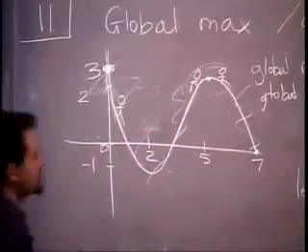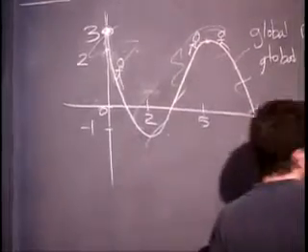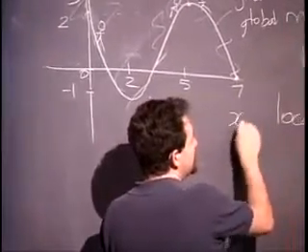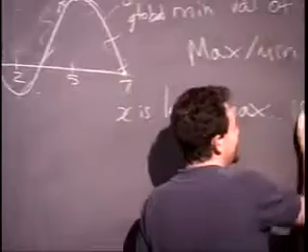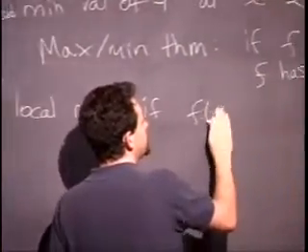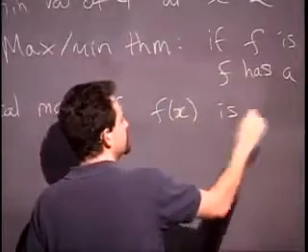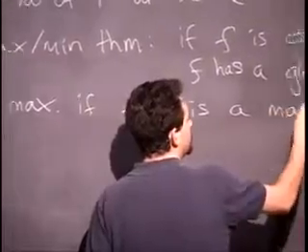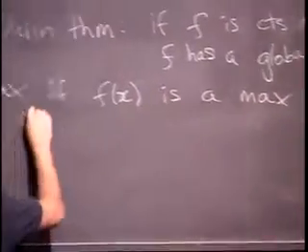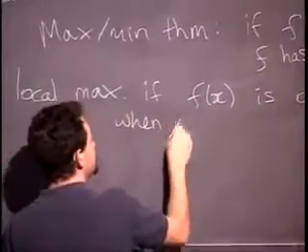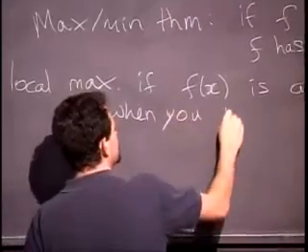So a local maximum, so we're going to say x is a local maximum if f of x is a maximum, or a global maximum, when you restrict its domain enough.